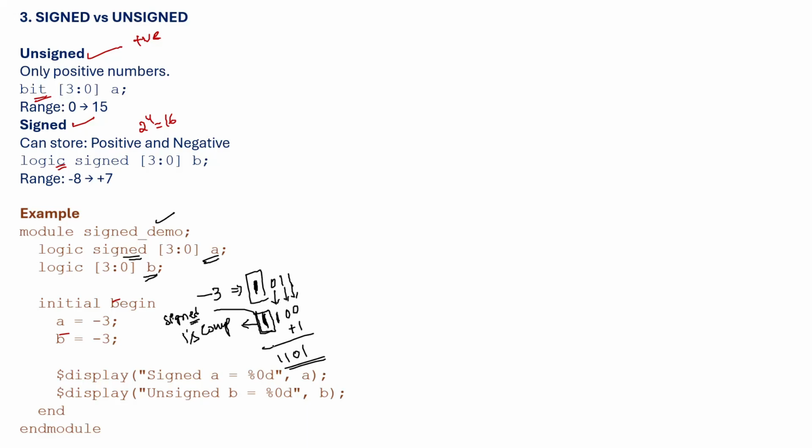So -4 in 2's complement form, we will get 13 here. Okay, so in that way we will represent, and then the value will be taken like 13 we will get. Okay, and then here also we will get that unsigned value. Okay, so that will be getting -13.